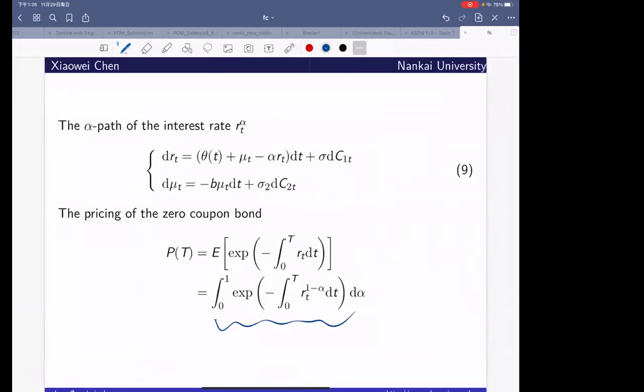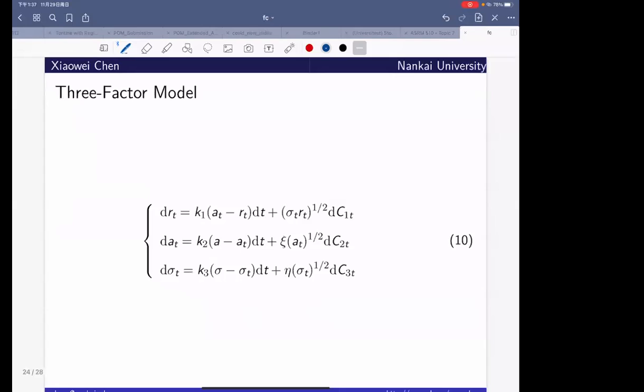So you can find that if you want to use a more-factor model, the first thing is that you need to find the alpha path of the system. After you prove it for the system, then you can use the alpha path to get the solution. I think it's a very interesting method.